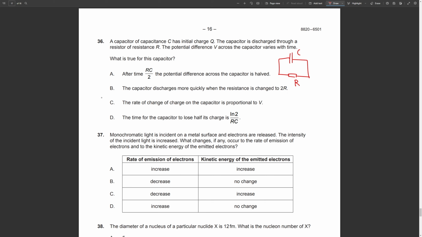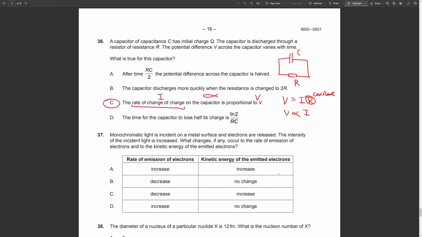And the correct answer is C. It is the rate of change of charge. To make it simpler, it's current. The current and the voltage, they are proportional. It's always true because V equals IR, having R being a constant here. So you can draw a conclusion of V is proportional to I.